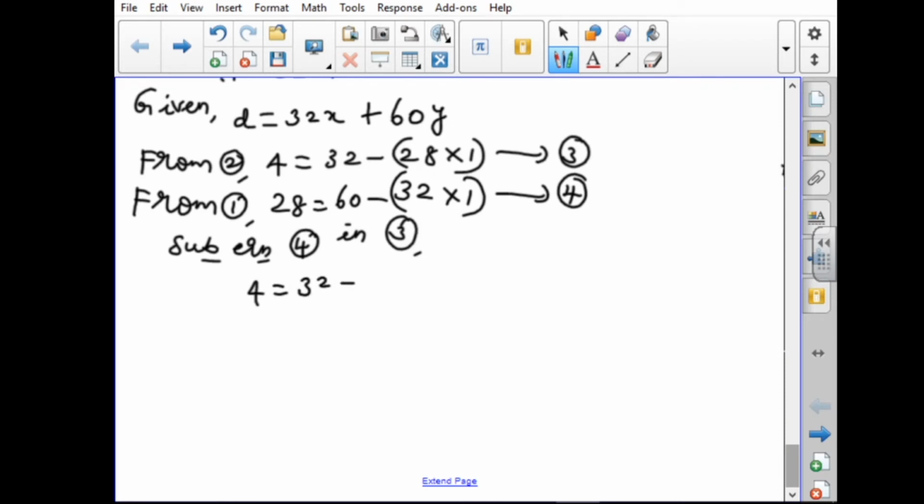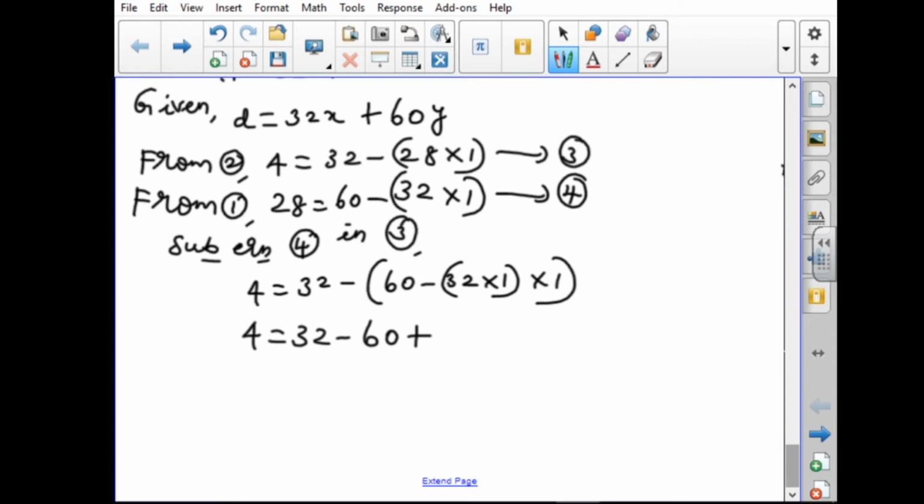32 minus, and in place of 28, 60 minus 32 into 1, into 1. We substitute like this. So 4 equals 32 minus 60 plus 32 into 1 into 1. See here, 32 is here and here, so 2 times.